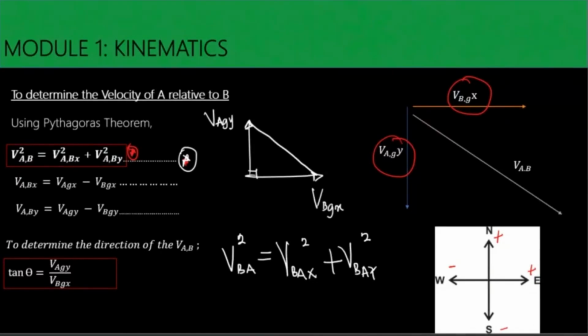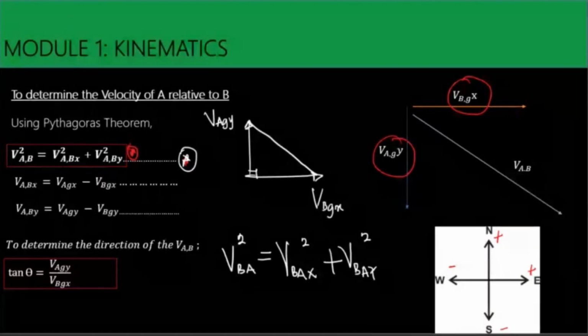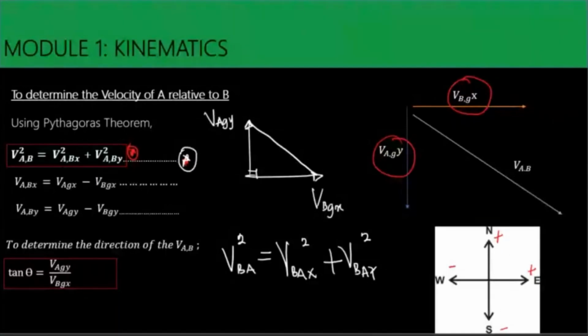So most of the time you have to consider the x and the y axis, whether it's at an angle. If it's at an angle, you have to resolve into vertical and horizontal components. Most of the time, this is how your formula will look. Because they are not parallel, they are at an angle, you have to consider the x and the y axis.